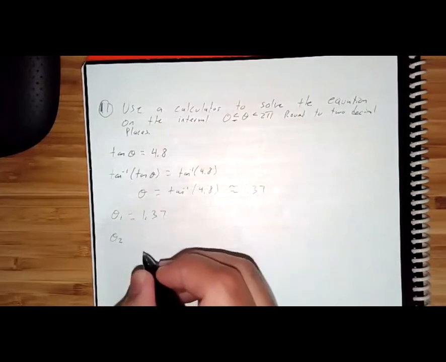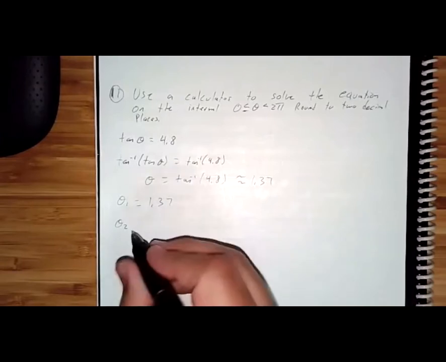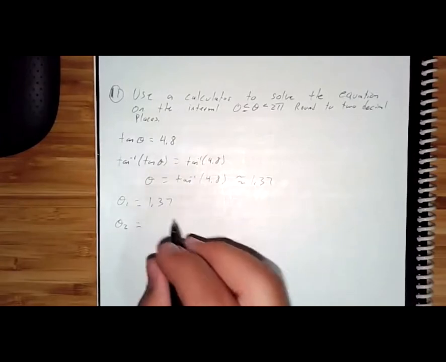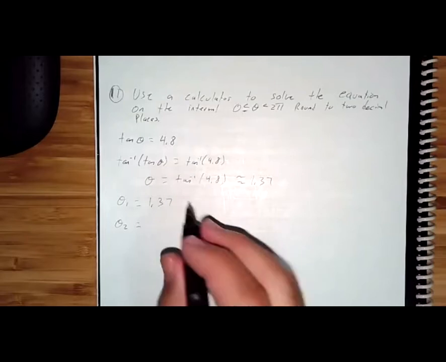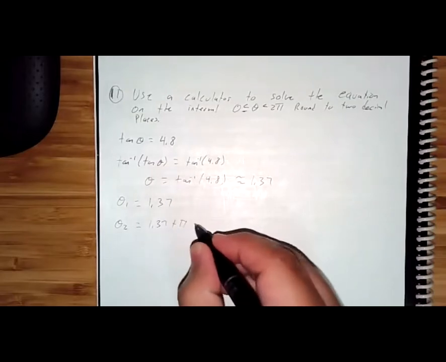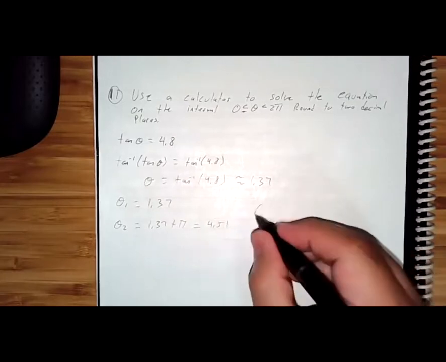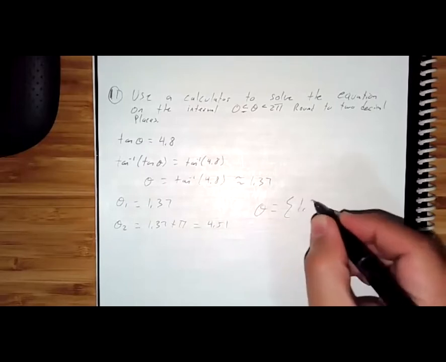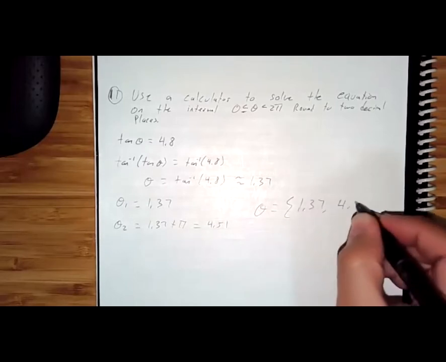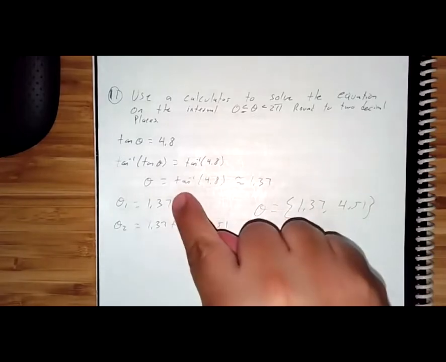Theta 2, so tangent has a different kind of period. So to find the second one, you have to add pi. So 1.37 plus pi, that will be 4.51. So our solution set is these two. So this is from the calculator.